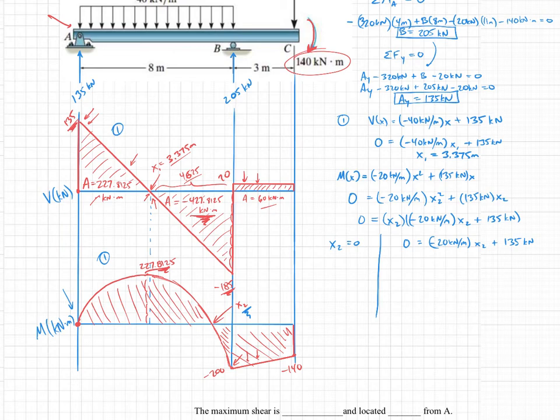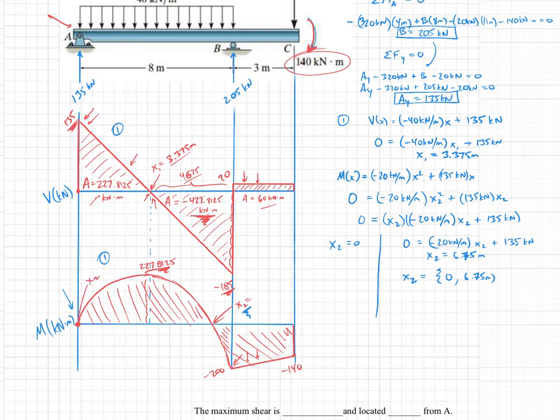So we can solve this one, and we get x2 equals 6.75 meters. And booyah! So now I can say that x2 equals 0 and 6.75 meters.